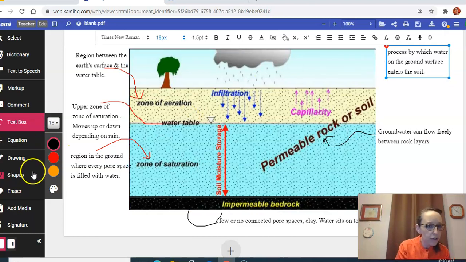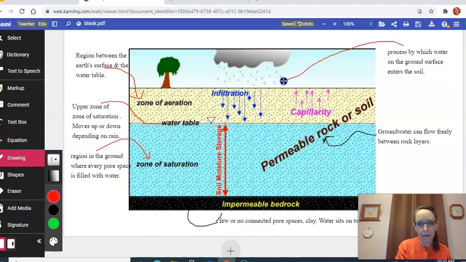Okay, I'm going to draw my arrow to infiltration. All right, so it's very important that you understand every bit of this so that when you see your own visual, you know exactly what's going on here and you can explain it. So you should be able to explain these things.